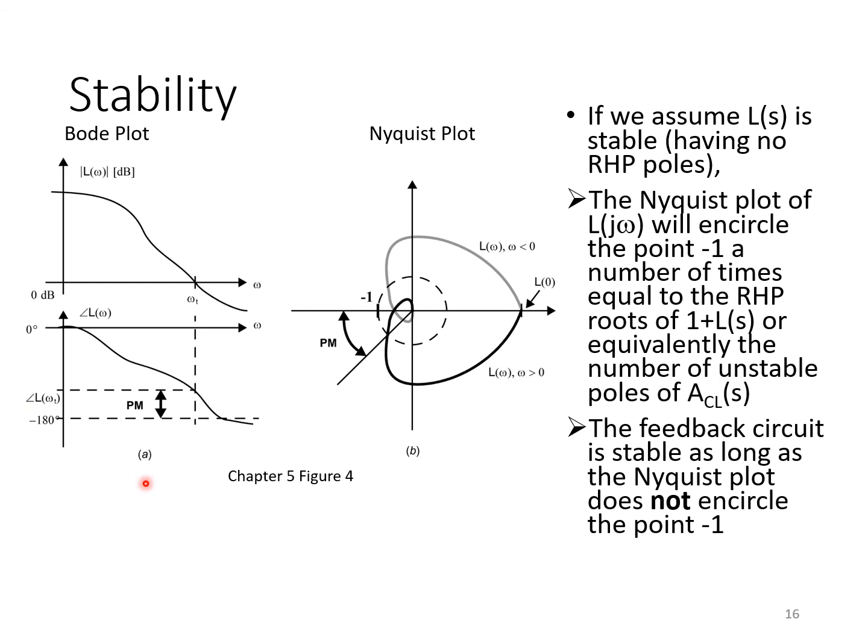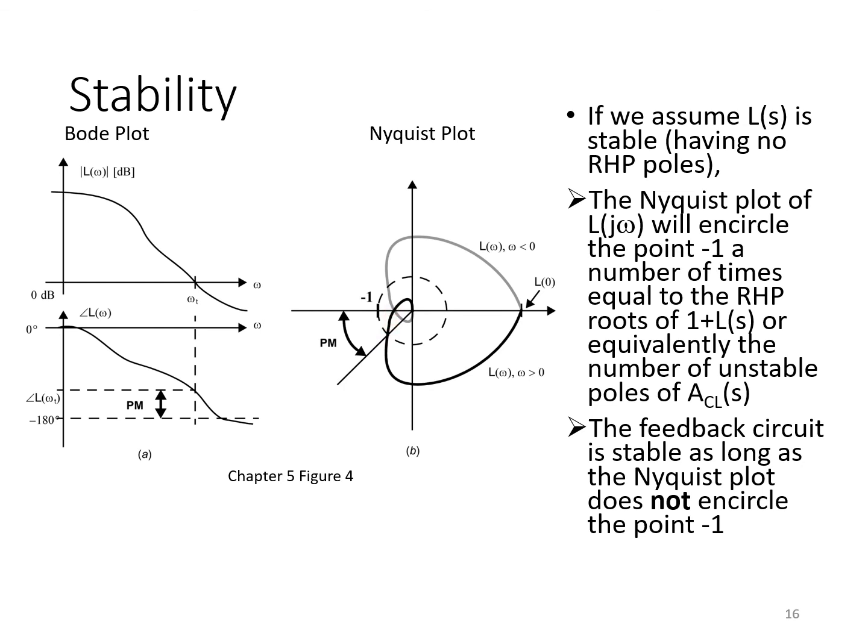But you can imagine a strange frequency response for L, where it has a phase shift of -180 at some frequency, even with a magnitude response over 1, but then it comes back to a phase response above -180 before crossing over the crossover frequency where the magnitude response is equal to unity.